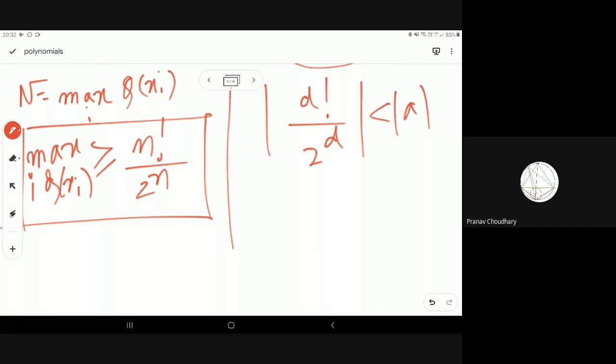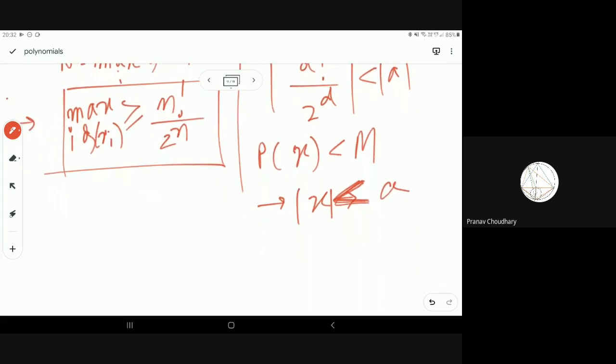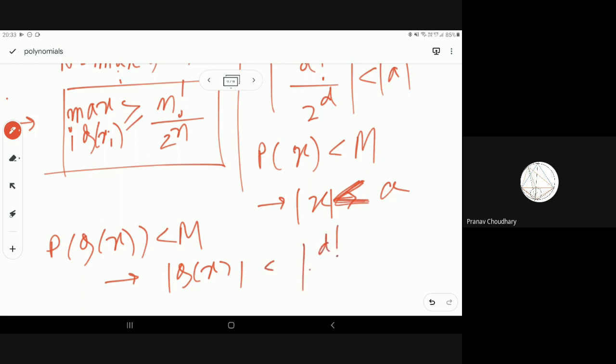So what does that imply? For q of x to be at most m, you need mod x to be at most a, right? But for q of x to be at most m, you need q of x to be at most d factorial by 2 to the d. But there can be only at most. Also note that this is an increasing function.